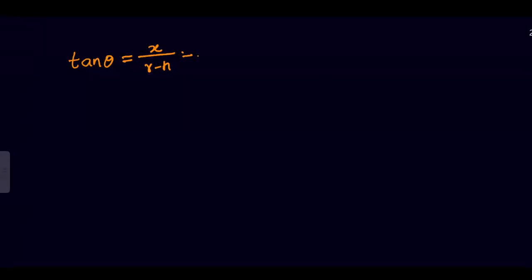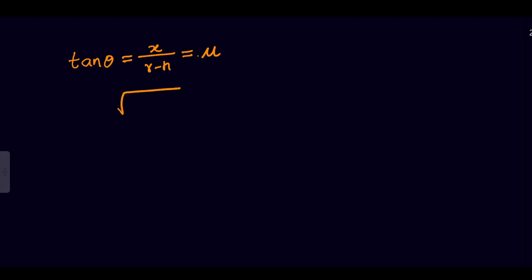Now from this we need to get the value of h. What is the x value? Square root of 2rh minus h square, by r minus h, equal to mu.